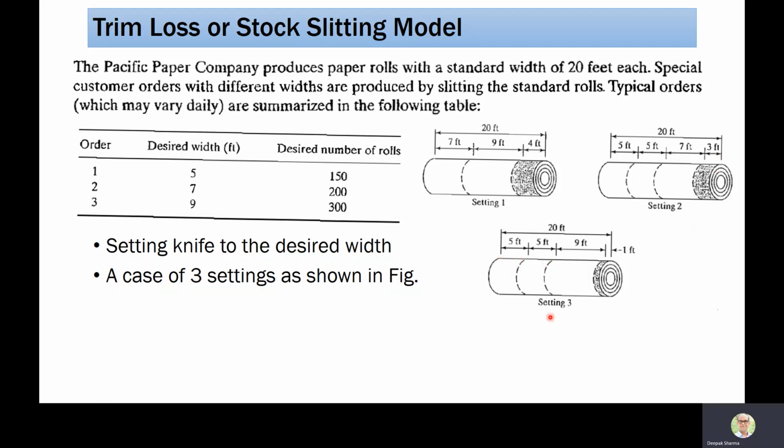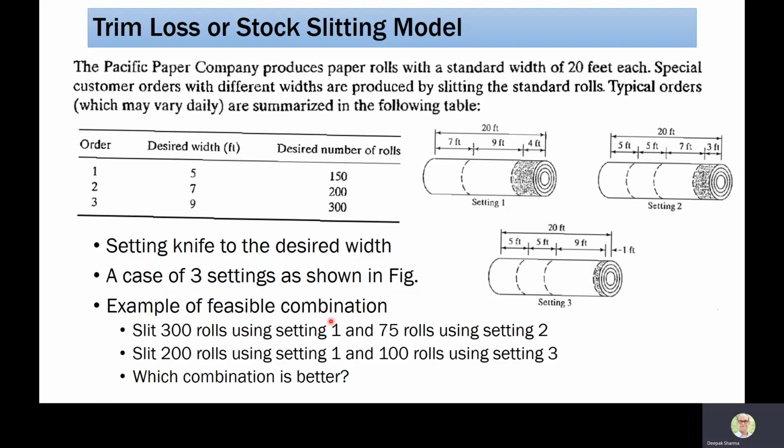And in setting 3, we can get 2 units of 5 feet and 1 unit of 9 feet, and 1 foot will be the wastage. This is just to show you that different configurations will give us different numbers of 5, 7 and 9 feet, including some wastage. The desired number of rolls is the demand we have to satisfy.